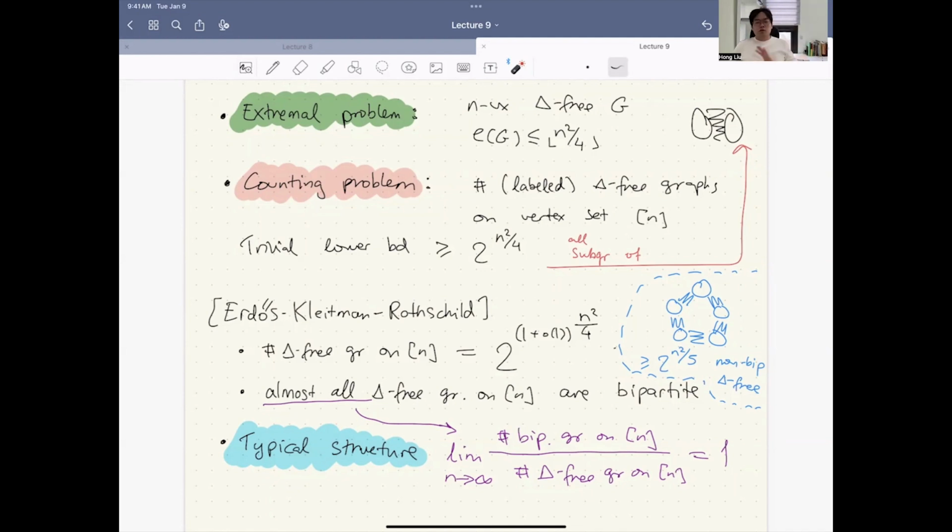Recall in Ehrlich Colorado, we managed to associate intersecting families to independent sets in the Kneser graph. So now we're going to also build some auxiliary hypergraph so that every triangle-free graph corresponds to an independent set in this hypergraph.